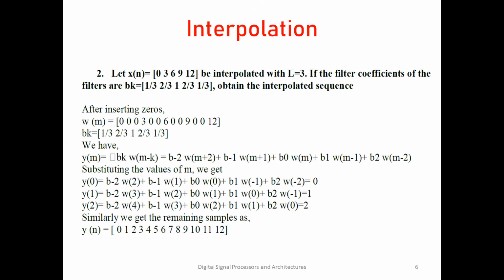Decimation is a process of decreasing the number of samples without violating the sampling theorem, and interpolation is a process of increasing the sampling rate of the sequence by considering the values of the neighboring samples. That's it. We'll continue in the next lecture of DSP.